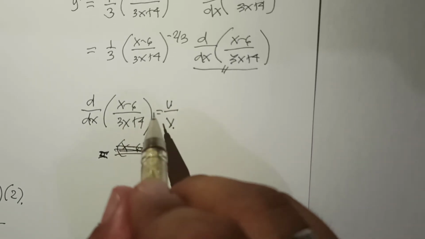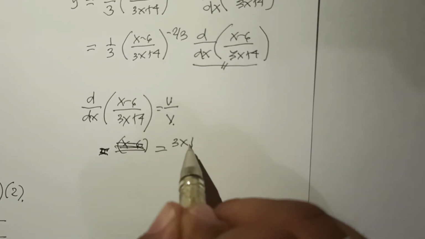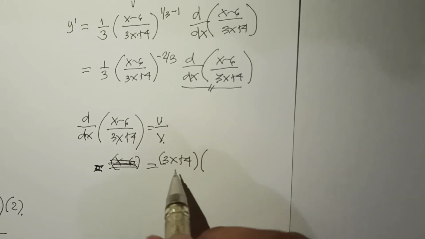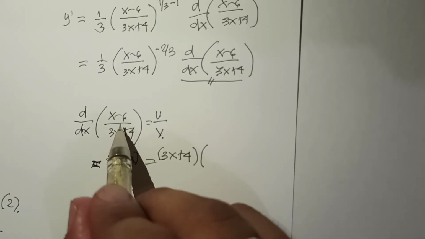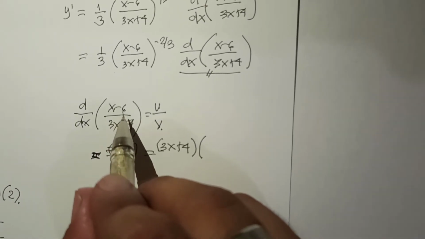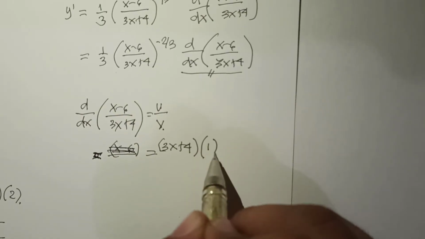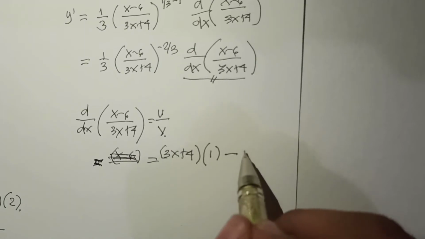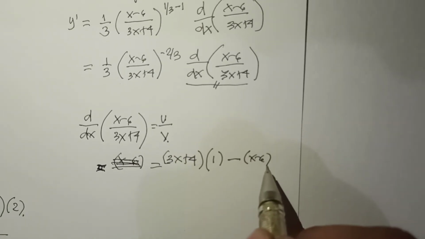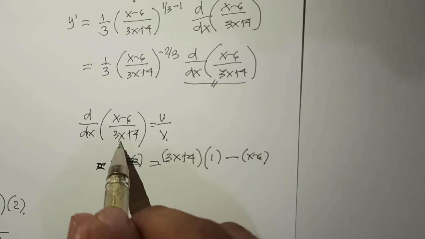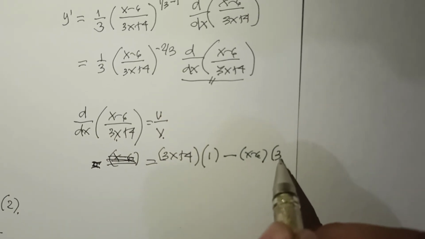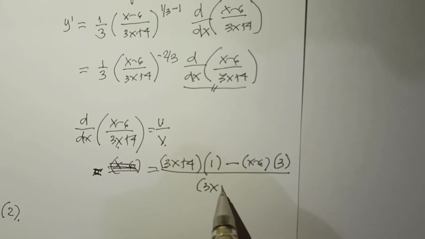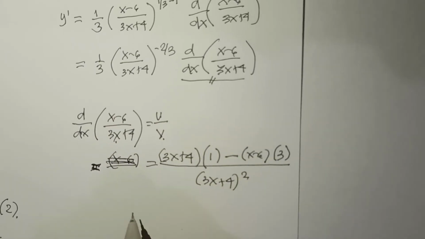So first, v du, so we copy 3x plus 4 times the derivative of u, which is x minus 6, that is 1, minus copy u, what is our u? x minus 6 times the derivative of v, what is the derivative of this one? This is 3, over v squared. What is our v? We have 3x plus 4 squared.